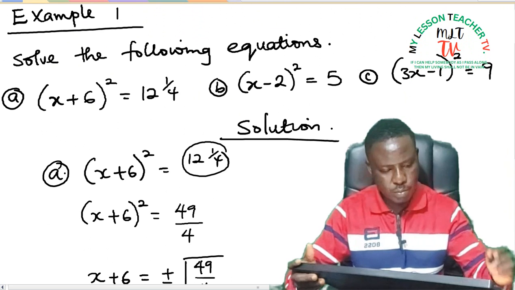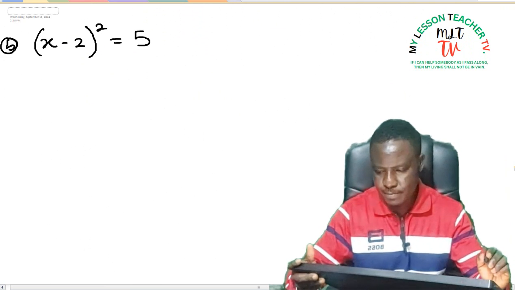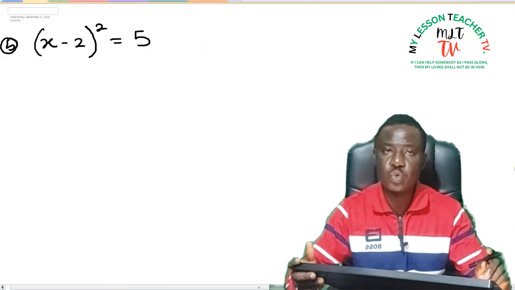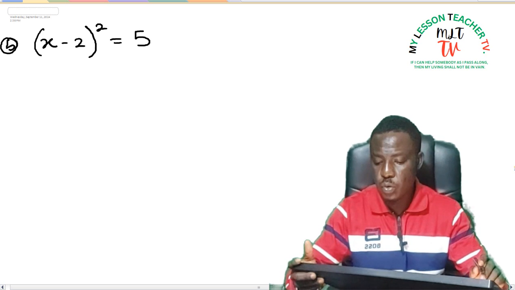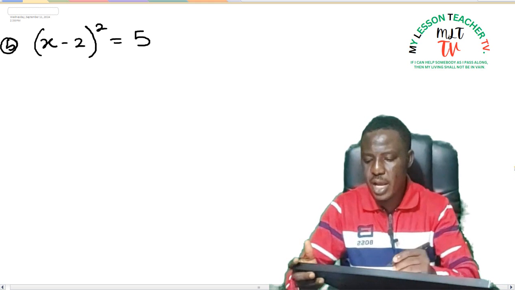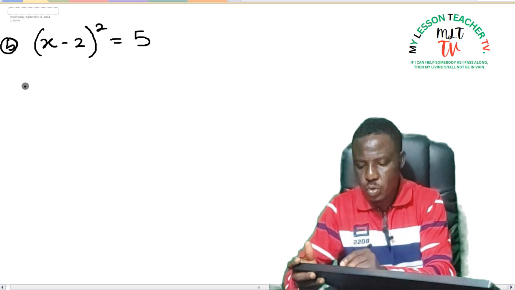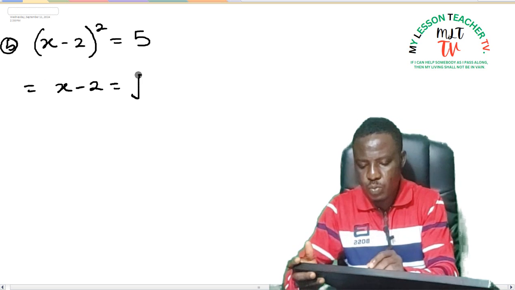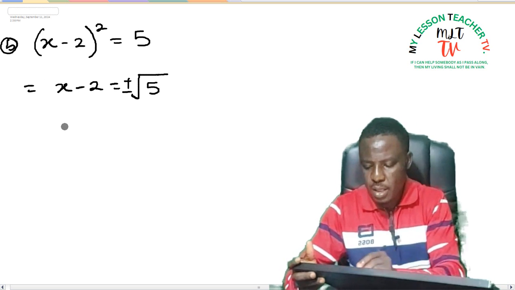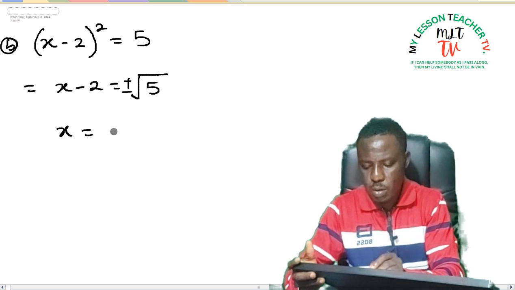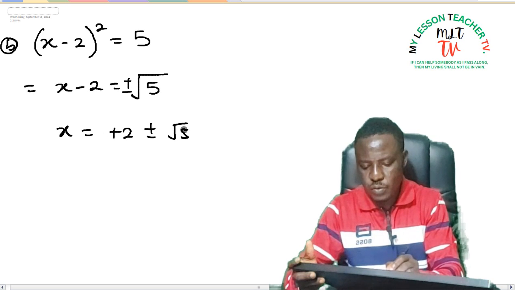Question 2, that's B, we have x minus 2 all squared to be equal to 5. So you can just go ahead and find the square root of both sides, and this is equal to x minus 2 is equal to plus or minus square root of 5, and x is equal to 2 plus or minus root 5.